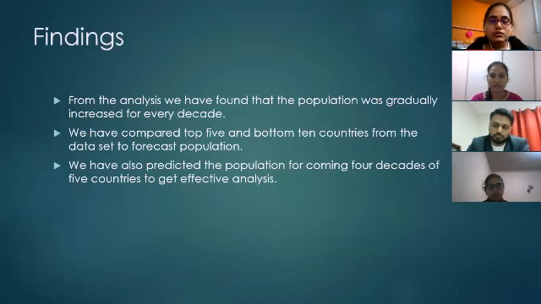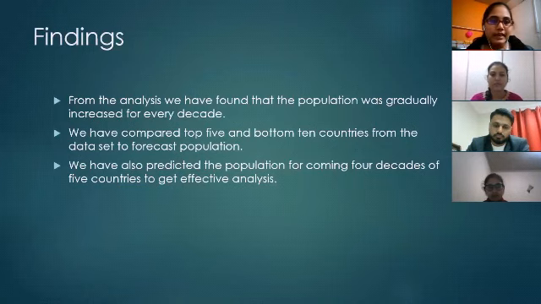We also did a predictive analysis depending on the population increase for every decade. We are expecting that the population will keep increasing in the further decades, and we did a predictive analysis from 2020 to 2050, and the analysis shows that the population gradually increases.